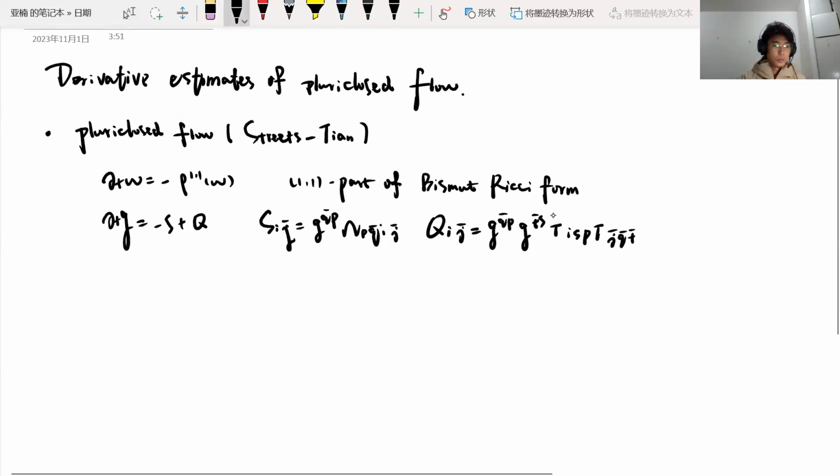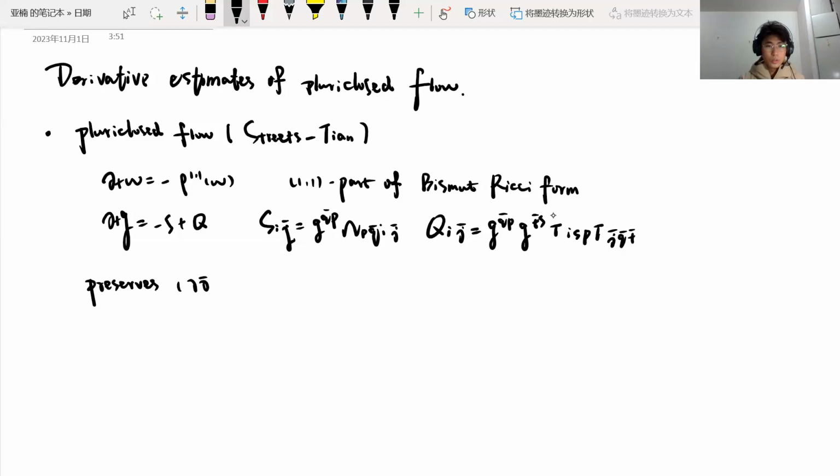And this flow preserves the Flory-closed condition, which is theta equals 0. And under this condition, the one part of the decimal form can be written by the second term Ricci plus the Q.